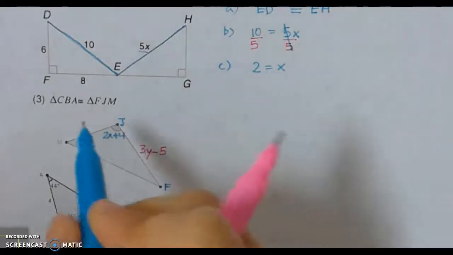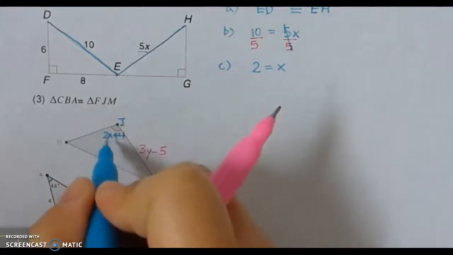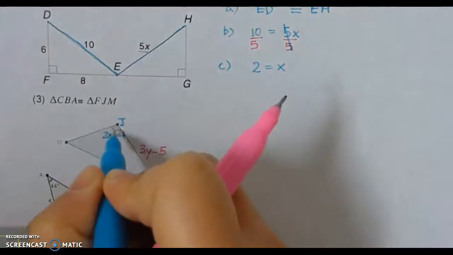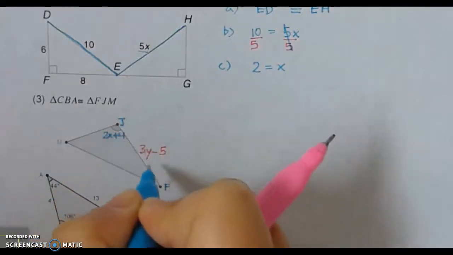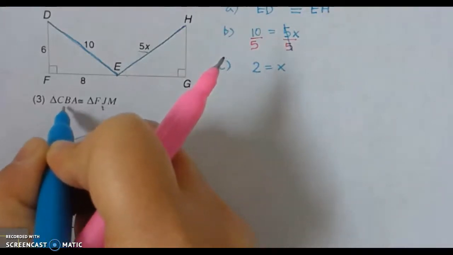Alright, so let's go with what we are taught. Okay, so let's start with the angle 2x plus 4. 2x plus 4, we're talking about the angle measure of J. What does angle J correspond to in the other triangle?